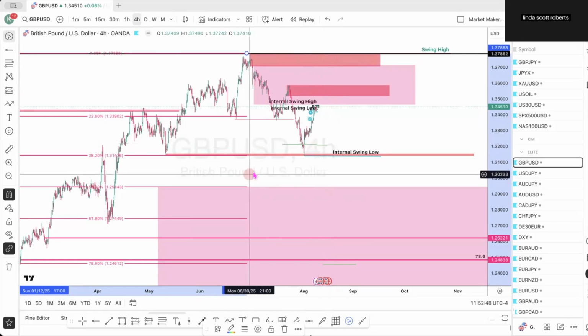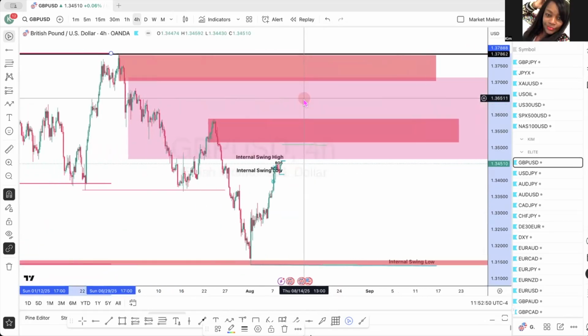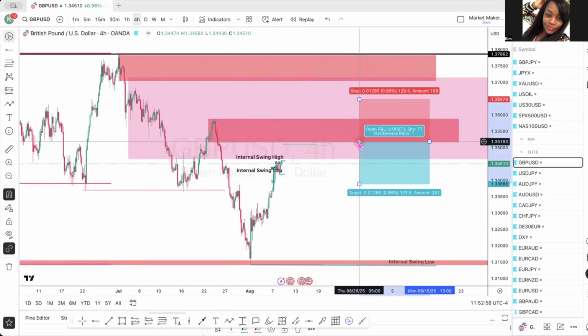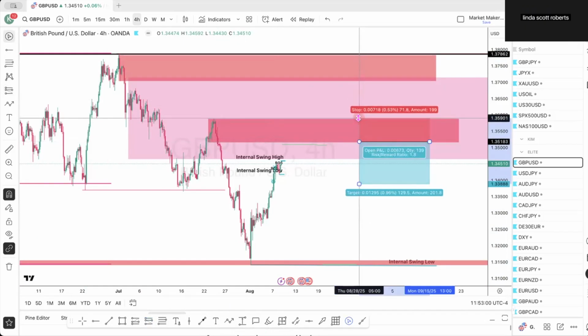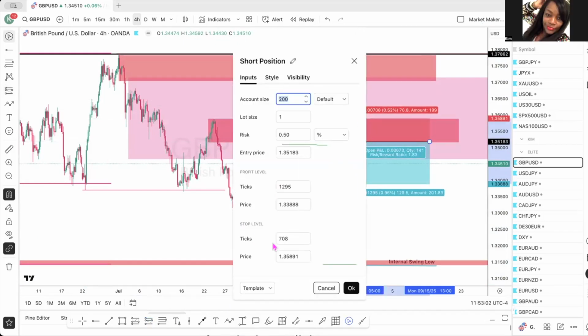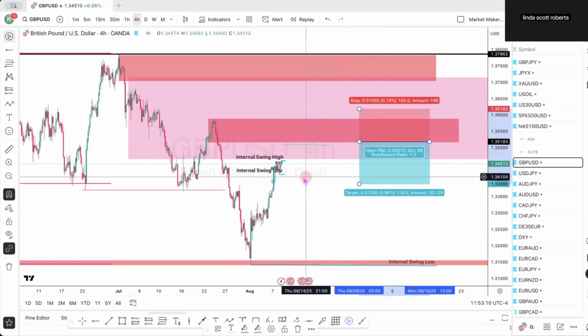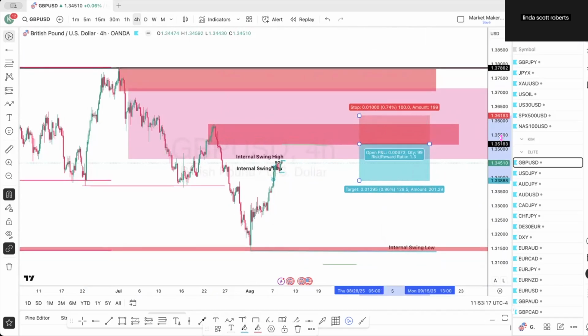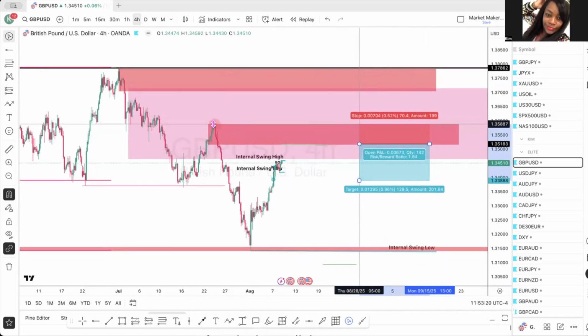So hedging would be, say for instance, you set a limit here. Now, I'm never going to give a 100 pip stop loss ever, but because we're on the 4 hour, and for the sake of this, I just want to give some room to breathe. Actually, no, because this is where the hedge would kick in. So I'm going to leave it there.